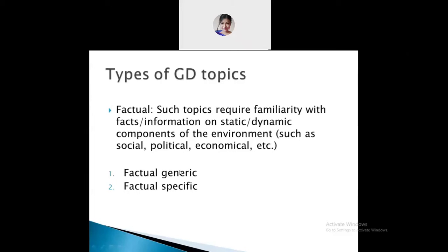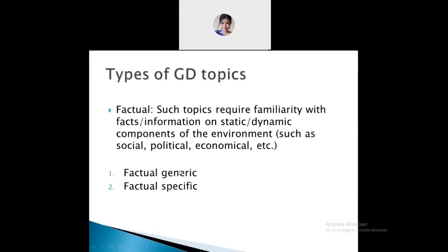Factual specific topics are related to a specific event, and you must have certain information in order to be able to have a discussion regarding these kinds of topics.